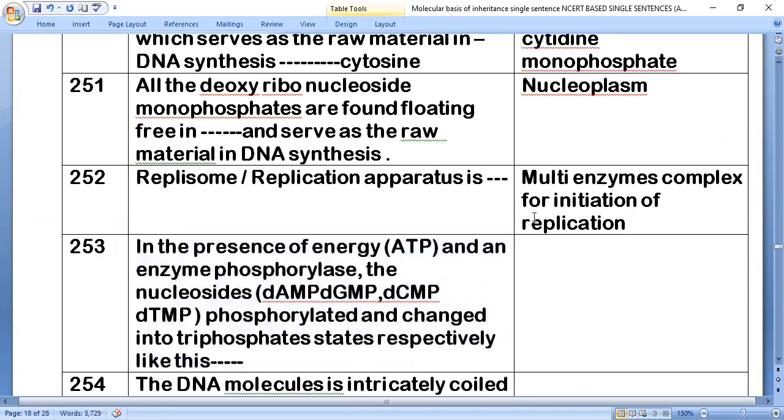In the presence of energy from ATP, an enzyme phosphorylates the nucleotides dAMP, dGMP, dCMP and dTMP, changing them into triphosphate states: dATP, dGTP, dCTP and dTTP.